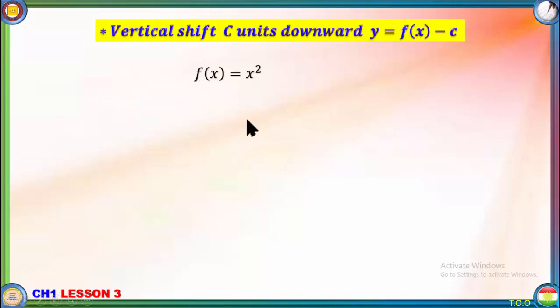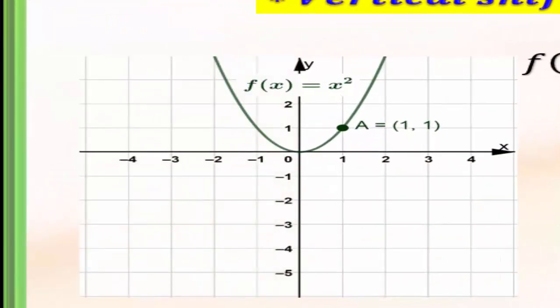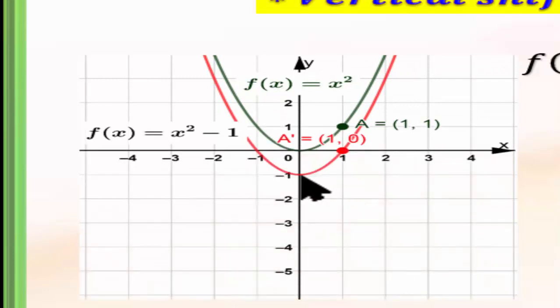If we take f(x) equals x squared and move it downward 1 unit like this, the equation of the function is f(x) equals x squared minus 1, and the point (1, 1) goes to (1, 0), because we are subtracting 1 from 1, because we move it 1 unit down, therefore subtracting the value of units from the value of y here.